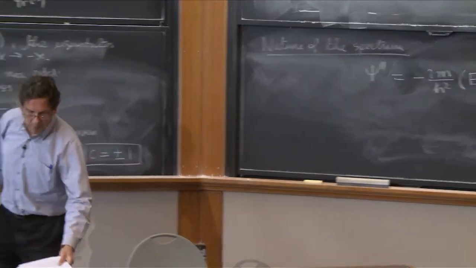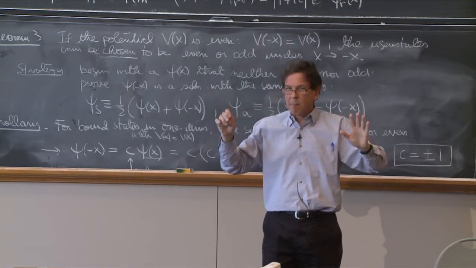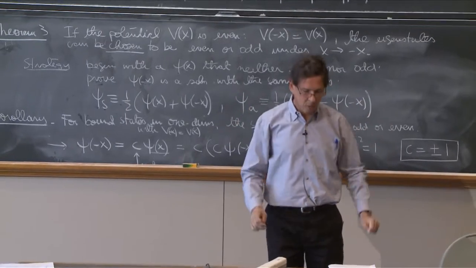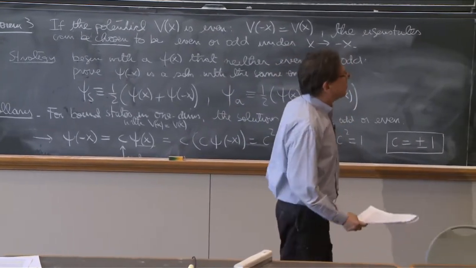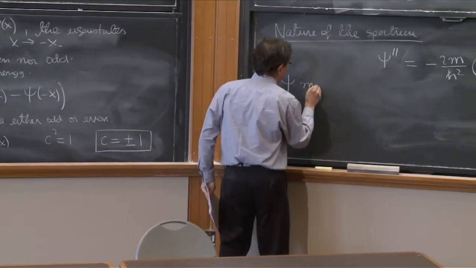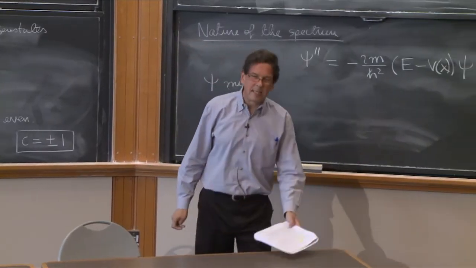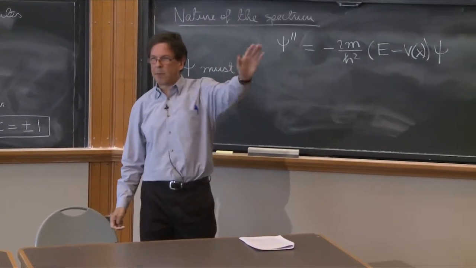So first of all, we always begin with the idea that psi must be continuous. And the reason psi must be continuous is that we don't want singularities worse than delta functions in potentials.